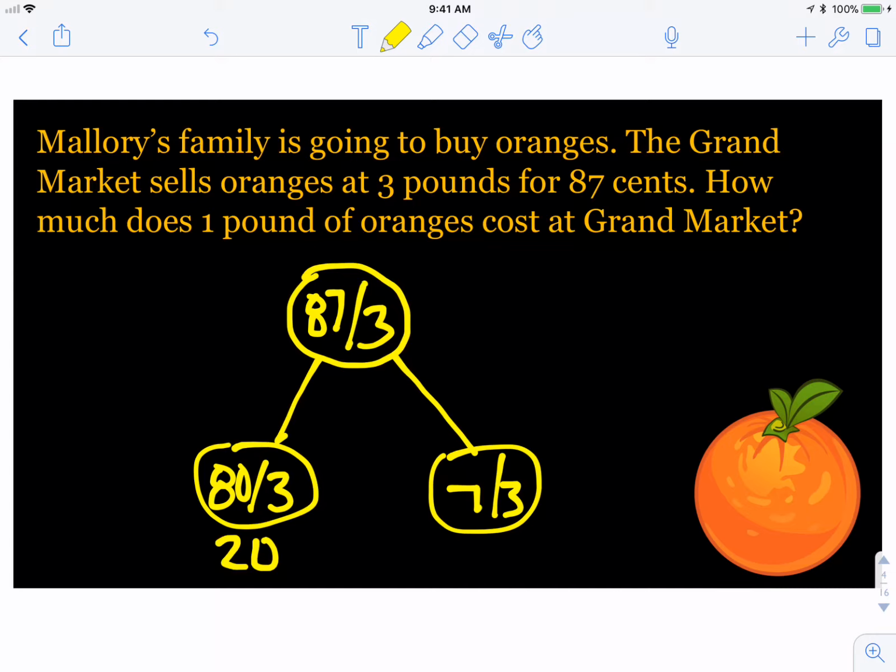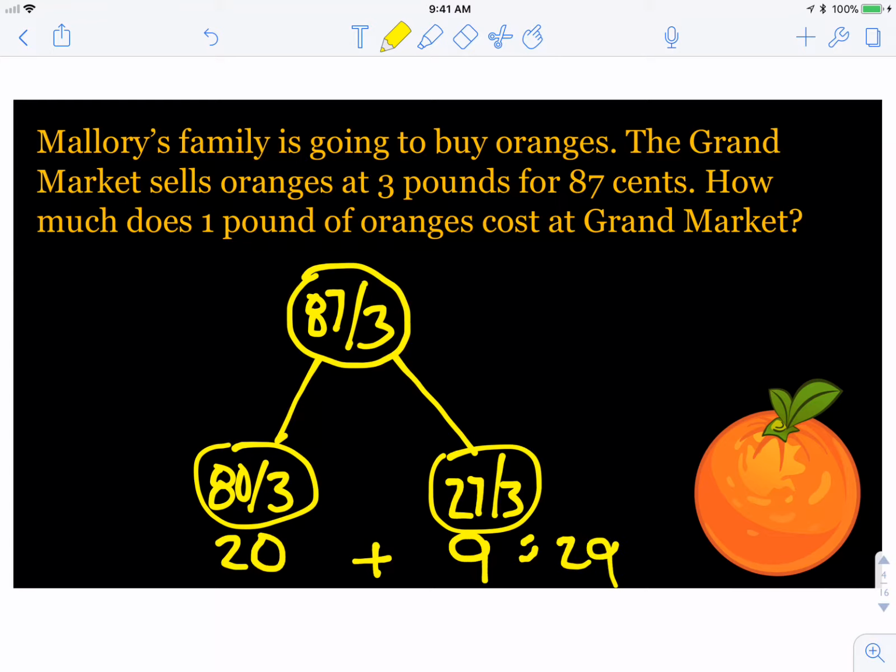That leaves me with 2 tens left over. 27, because I have 2 tens left over. Trying to erase the 7 here is too long. Okay, there we go. So I'm going to take my 2 tens, bring it over here. 27 divided by 3 is 9. Add it together, equals 29.